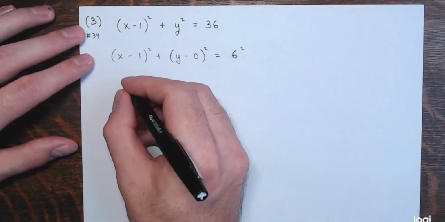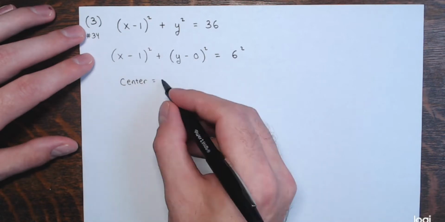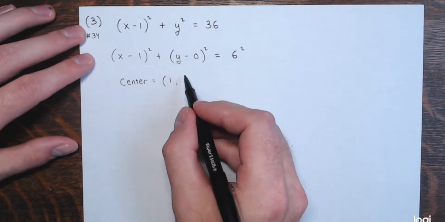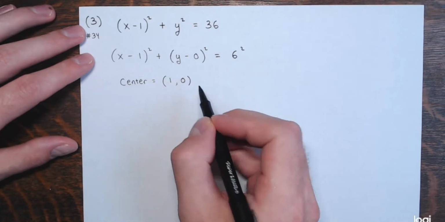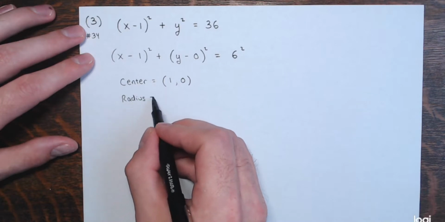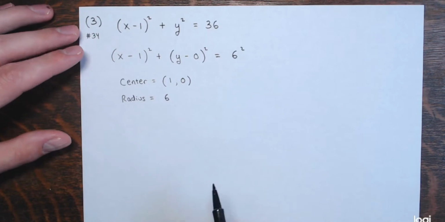So I'm hoping it's obvious that the center has an x coordinate of 1 and a y coordinate of 0. And the radius of this circle is the square root of 36, which would be 6.